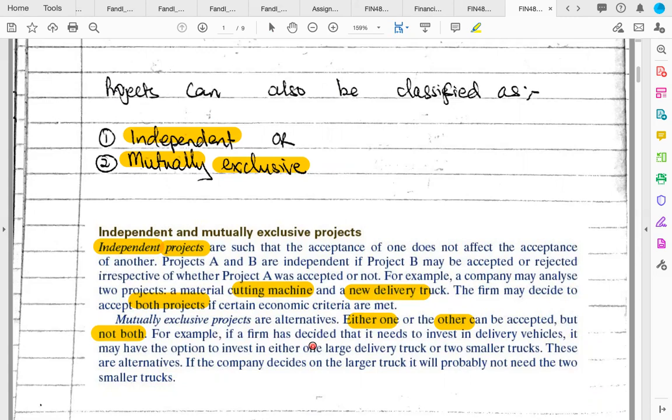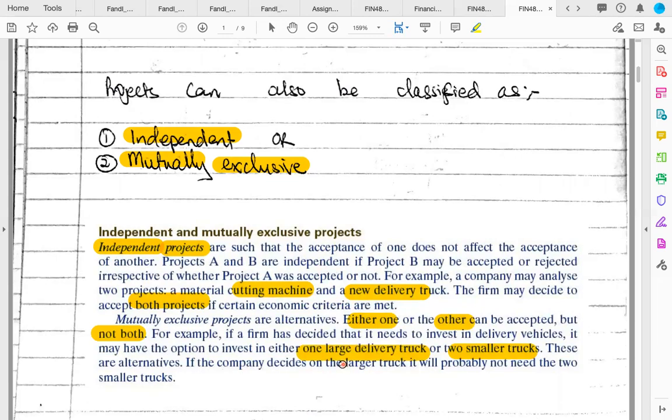So for example, if a firm has decided that it needs to invest in delivery vehicles, it may have the option to invest in either one large delivery truck or two smaller trucks. So these are two different capital projects. These are alternatives.